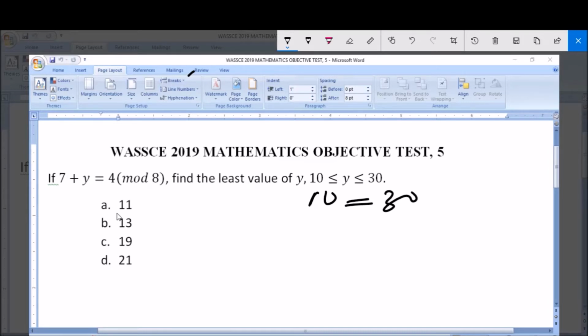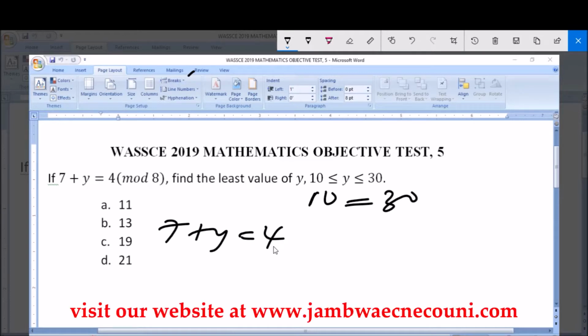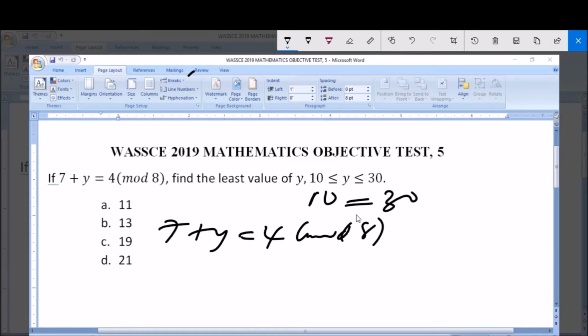This is the equation given: 7 plus y equal to 4 mod 8. Now this is a modular operation, and the value of y always has the properties of divisor, quotient and remainder. The divisor, the quotient and the remainder.